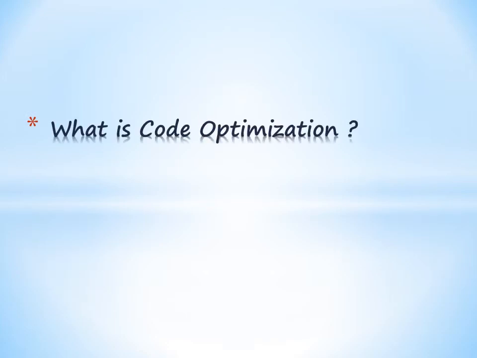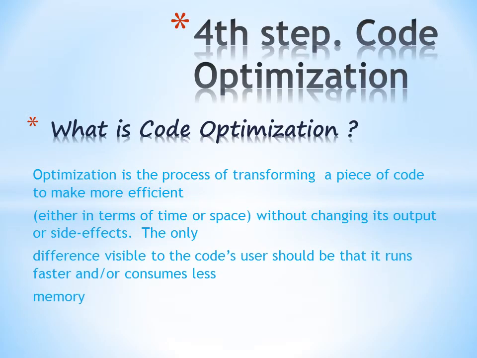Next, intermediate code is optimized. There are several optimization levels. First one is design level, next assembly level, and the last is runtime level.